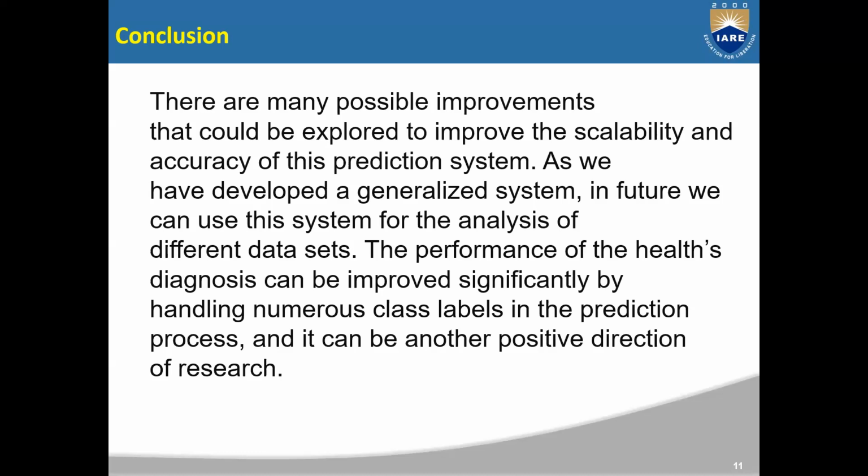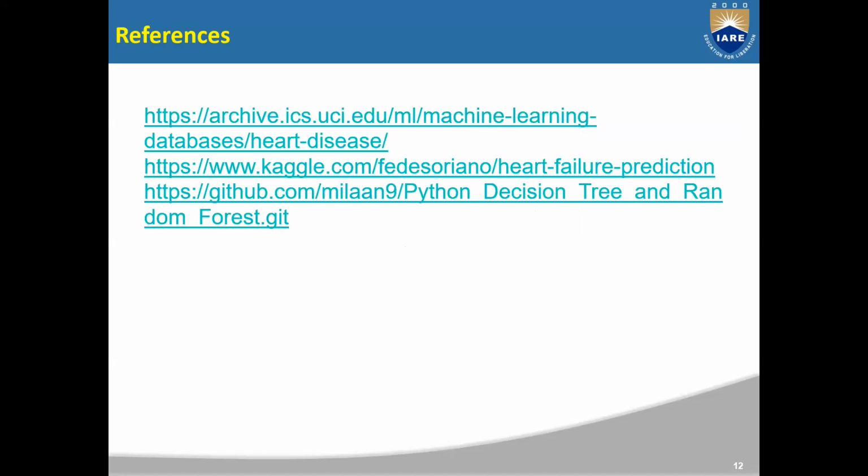The performance of the health diagnosis can be improved significantly by handling numerous class labels in the prediction process, and it can be another positive direction of research. As we have developed a generalized system, in future we can use this system for analysis of different data sets also. These are the references which we have considered to make this project.